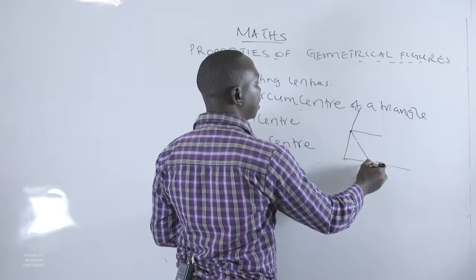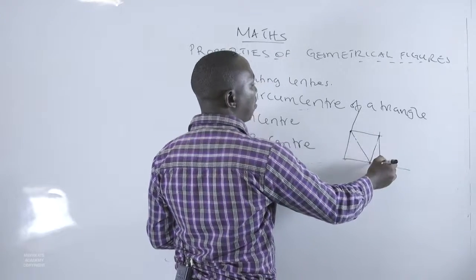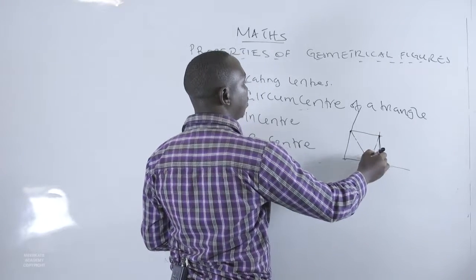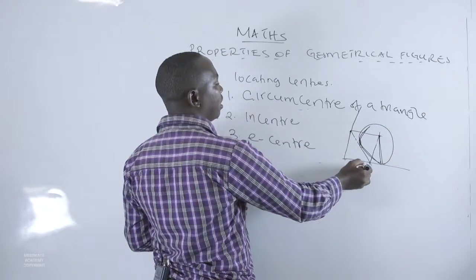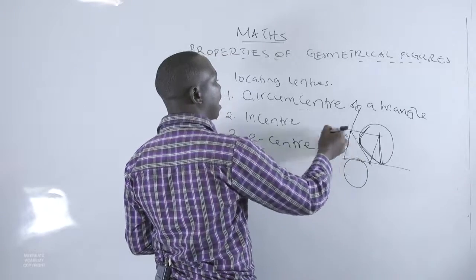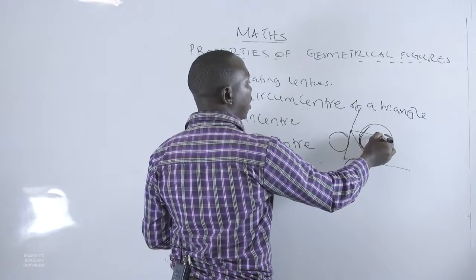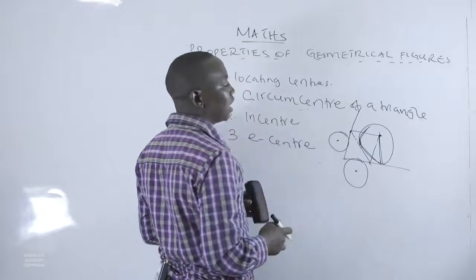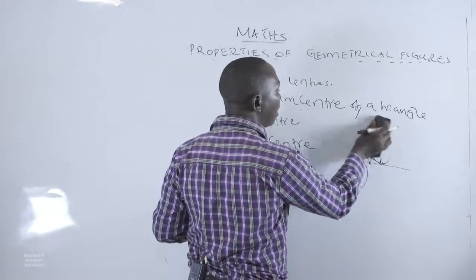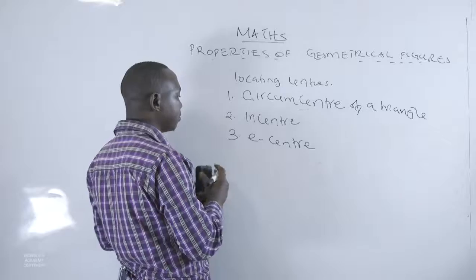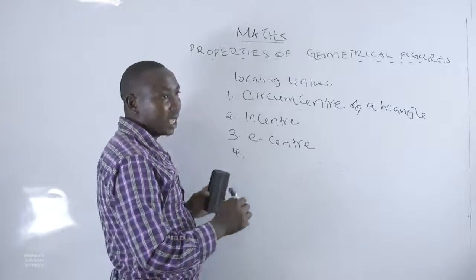Then you bisect the two angles and you draw a perpendicular, you measure, and then you draw your circle. It's going to touch one of the sides. There are 3 possible circles that can be drawn on one triangle. So the point of those 3 circles is referred to as an X-center or an E-center. Number 4, we have what we call a centroid.